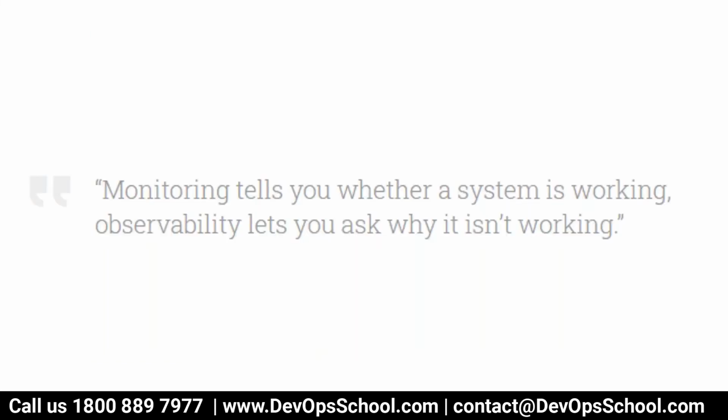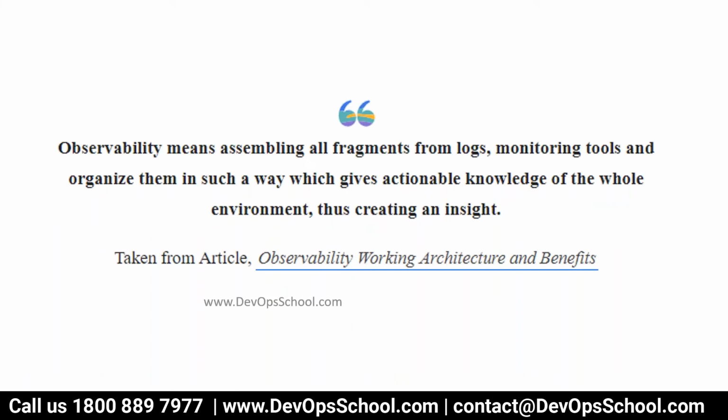Monitoring tells you whether the system is working, whereas observability lets you ask why it isn't working. There's a difference here. Observability means assembling all fragments from logs and monitoring tools and organizing them in such a way that gives actionable knowledge of the whole environment, thus creating insight.